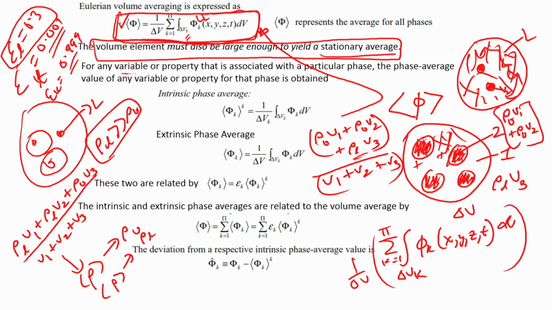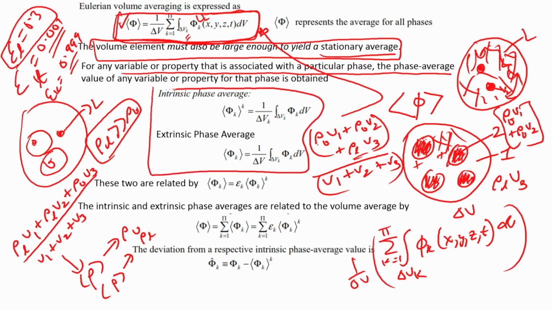And for any variable or property that is associated with a particular phase, we can also do something which is called phase averaging, okay. So, what is phase averaging? First, let us look at these two quantities here. One is called an intrinsic phase average. What does intrinsic phase average mean?